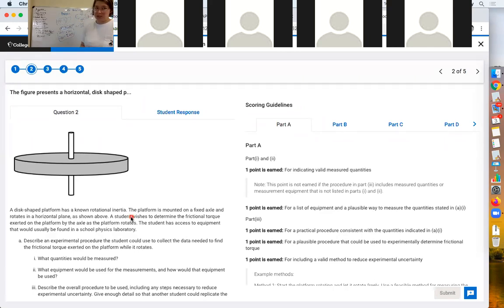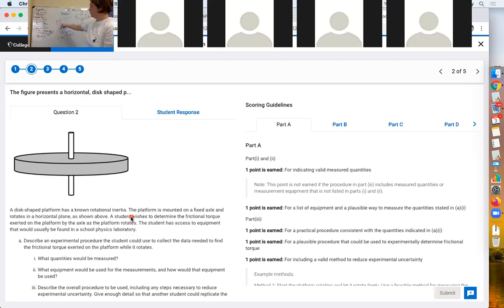What's another way we could do it? Have the acceleration constant. So we could do sort of what we did in the lab together with the PVC pipes. You could hang something off of it and get your acceleration from that.